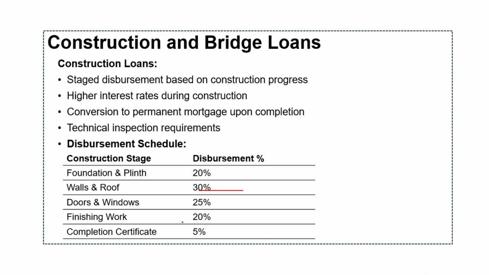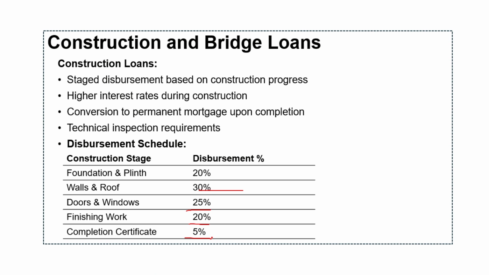Door and window installation at 25% represents significant finishing progress towards habitability, and final finishing work at 20% covers flooring, painting and fixture installation. The final 5% upon completion certificate ensures all regulatory approvals and occupancy permissions are obtained.